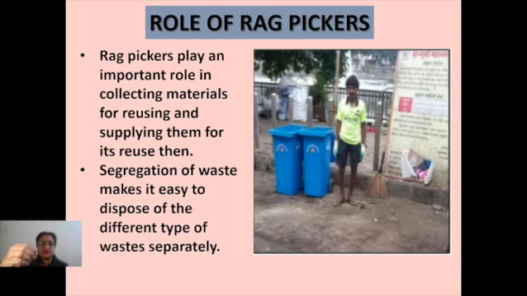which waste has to be recycled, which waste has to be reused again, which waste can be used for making compost, which waste is going to the incinerators, like biomedical waste, and which waste can again be used for different purposes, right?